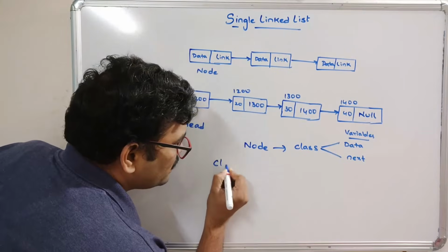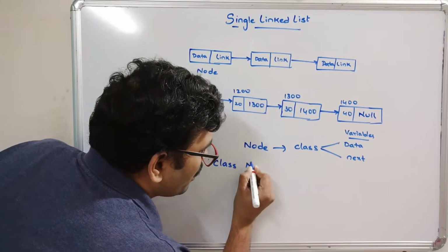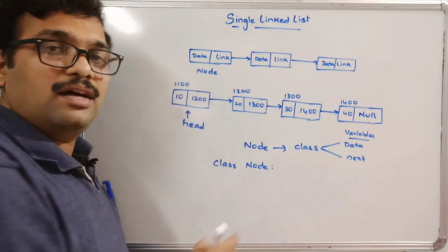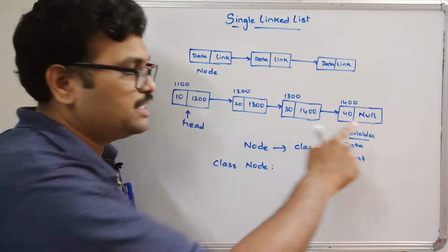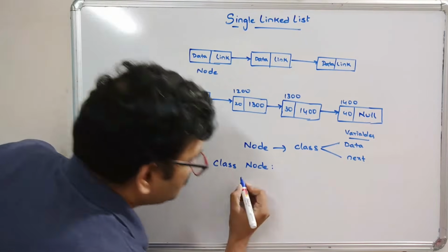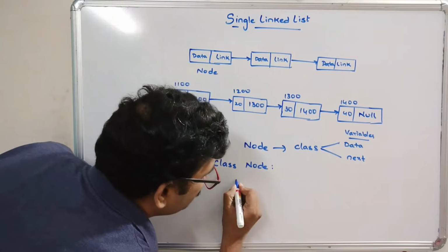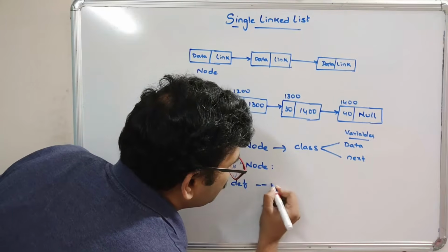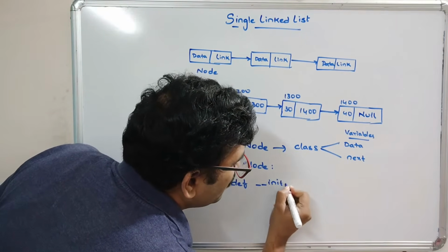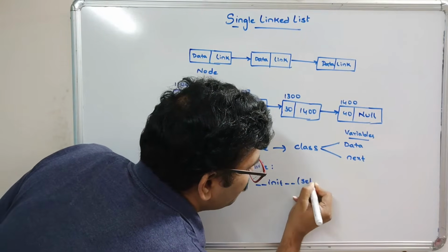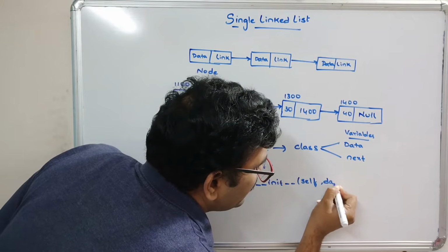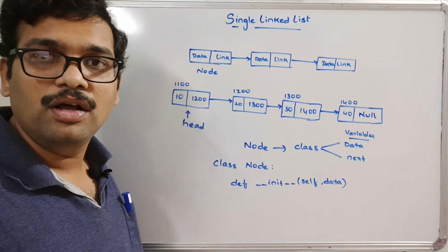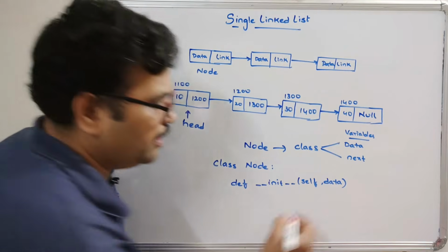The syntax for that is class Node colon, and use the constructor to initialize these things. So I will initialize the constructor. In Python the constructor is def __init__ with self, and also consider the data, because if you create a node, we have to give the data.